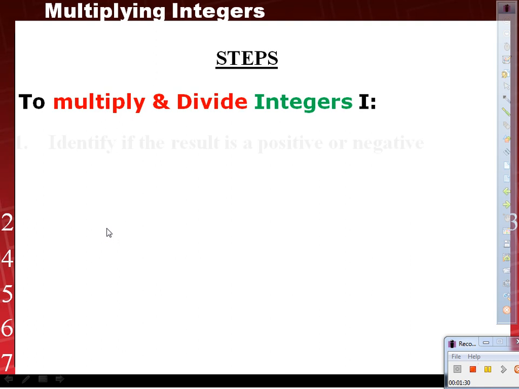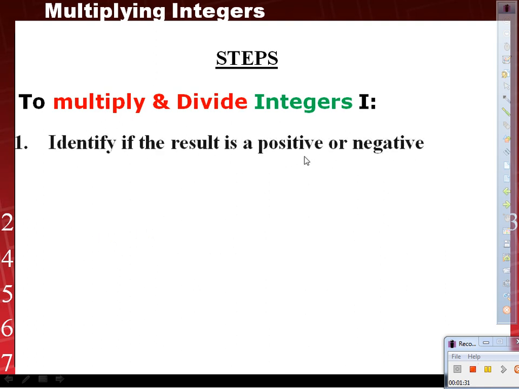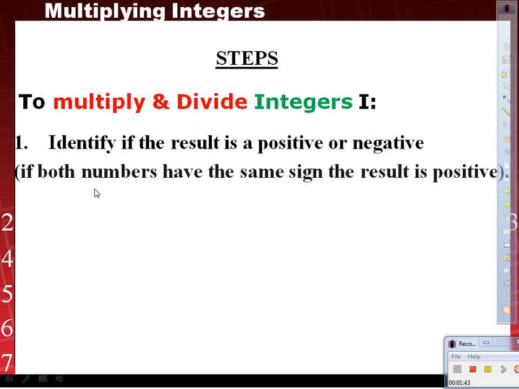Step number 1, identify if the result is a positive or negative. And here goes the only rule to remember for multiplying and dividing numbers. If both numbers have the same sign, the result is positive.